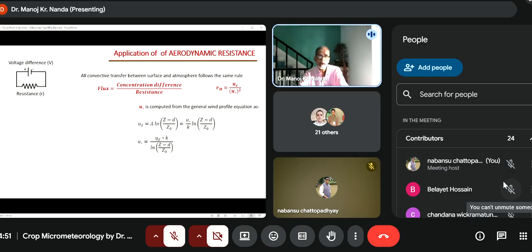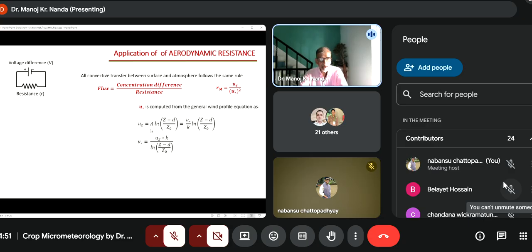Uz is your wind speed at the height at which you are measuring. K is your von Karman's constant, that is 0.41. Z is the height. D, if it is a plant top surface, then D is 0.7 of your plant height. And z0 is actually 0.3 of your plant height.